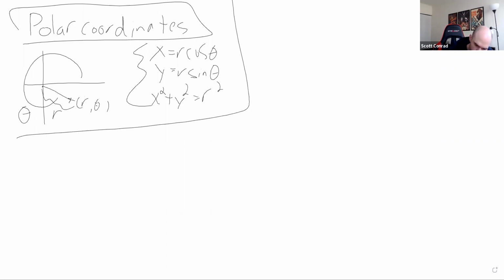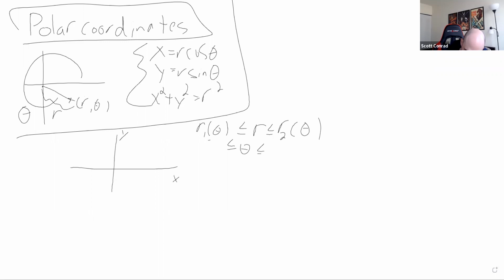Suppose we have a region where r lies between one function of theta, r1 of theta, and another function of theta, r2 of theta.